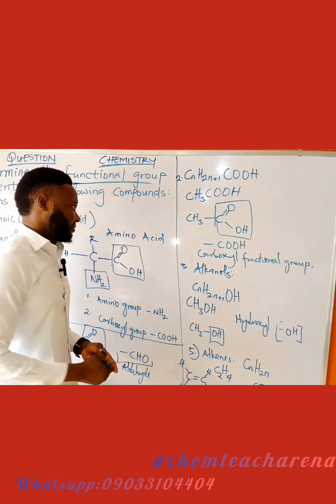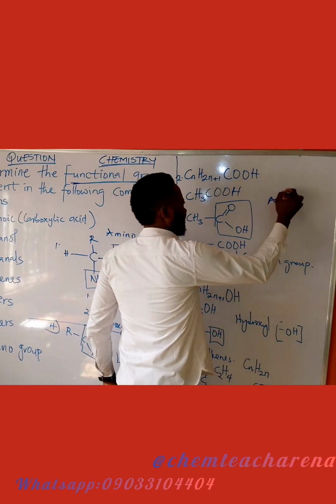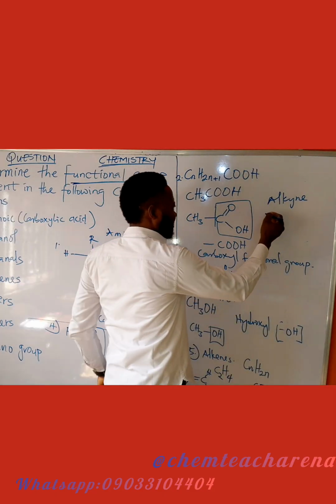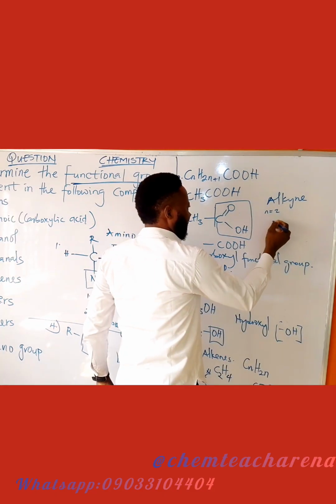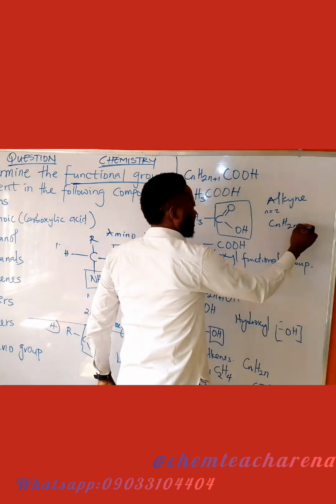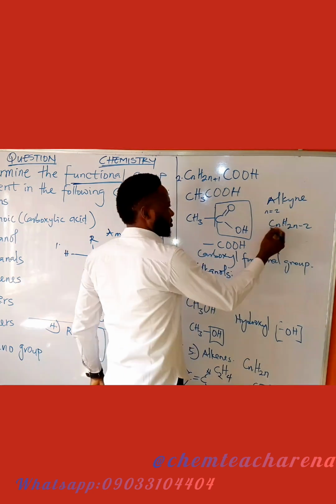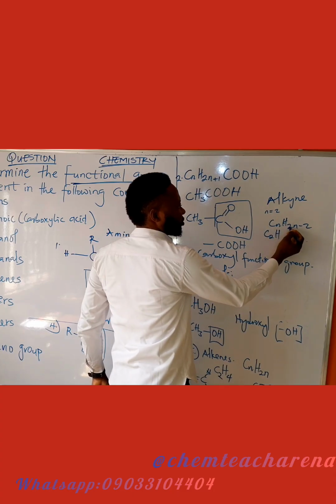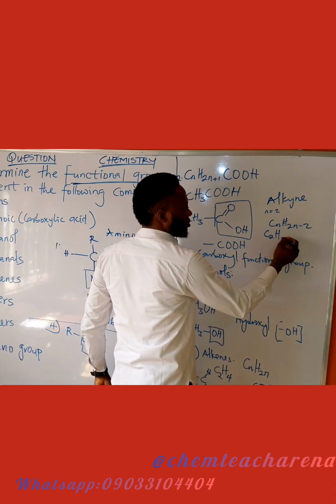For alkyne, A-L-K-Y-N-E, if you substitute n equals 2 into CnH2n minus 2, you have C2H, 2 times 2, 4, minus 2, which is 2.